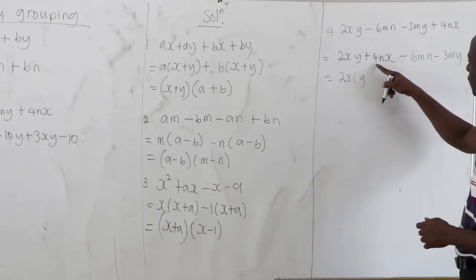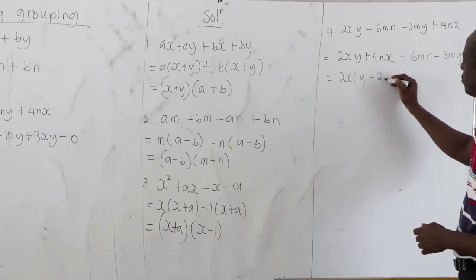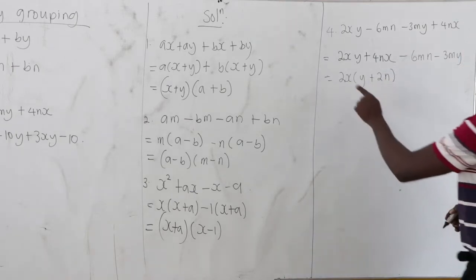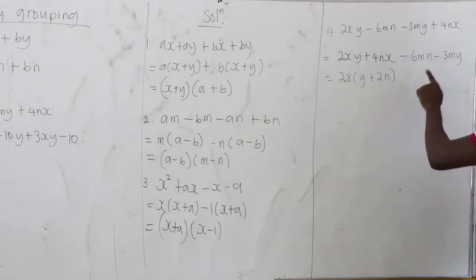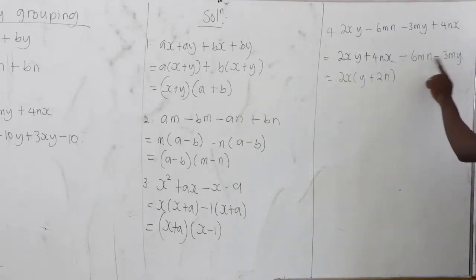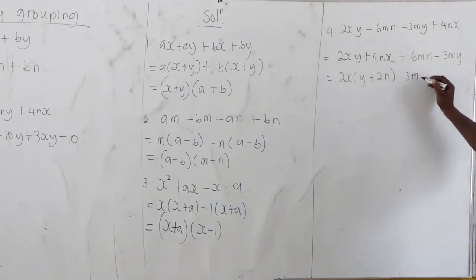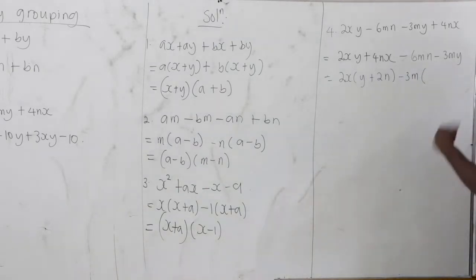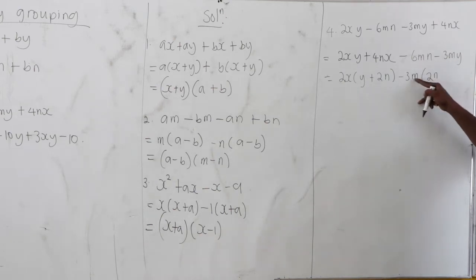Now this is 4nx, so I'll get plus 2n. This time this, that'll be 2xy, this time this, that'll be 4nx. Now this and this, clearly m is common and 3 is also common, so you can bring negative 3m out. When m is gone out, what am I going to get? Here I will get 2n because m is already gone. 3m times this will give me this.